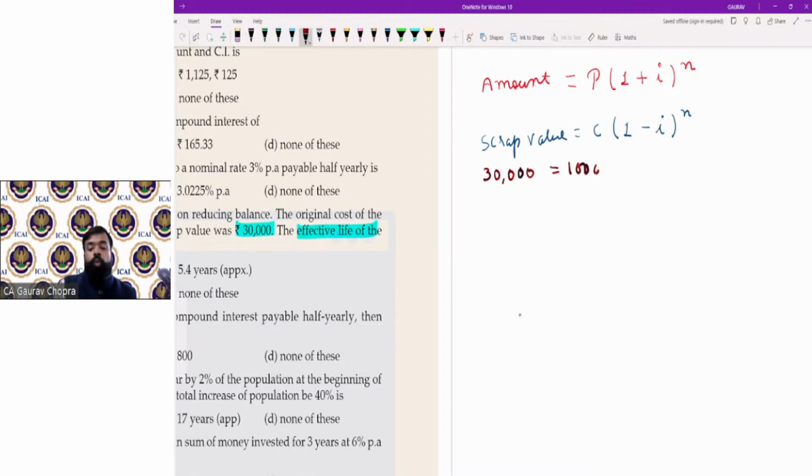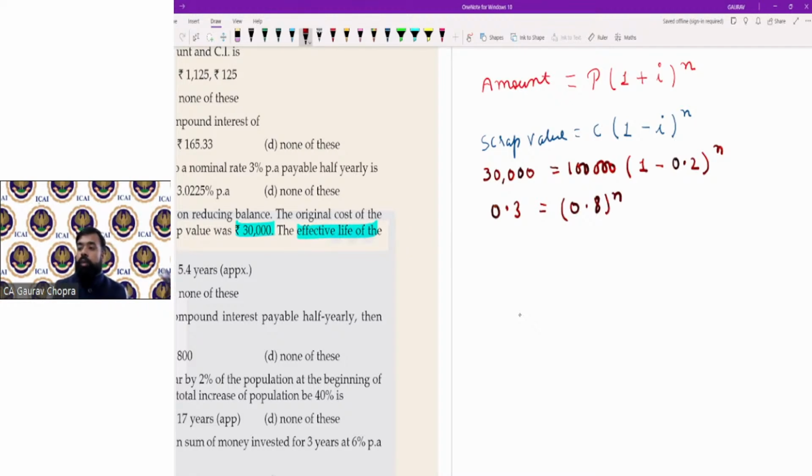Cost is 1 lakh. Then 1 minus I is 0.8, because 20 upon 100 is 0.2, whole to the power of n. So time we have to calculate. 30,000 divided by 1 lakh, we are getting 0.3 is equal to 0.8 to the power of n.